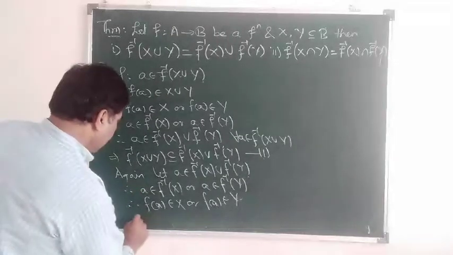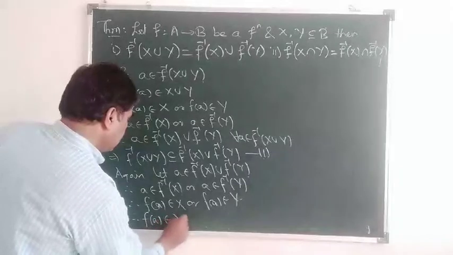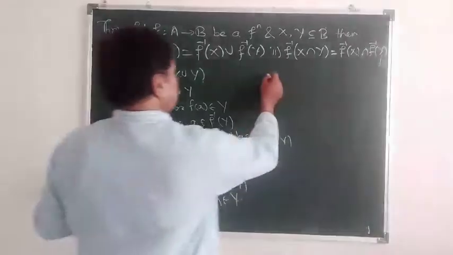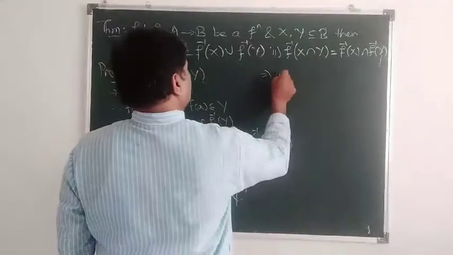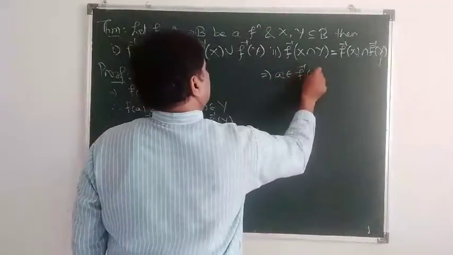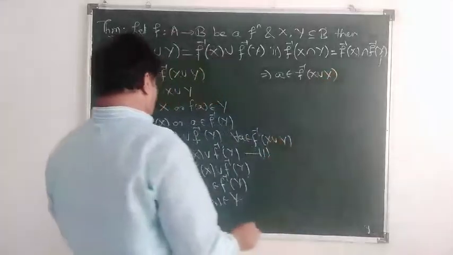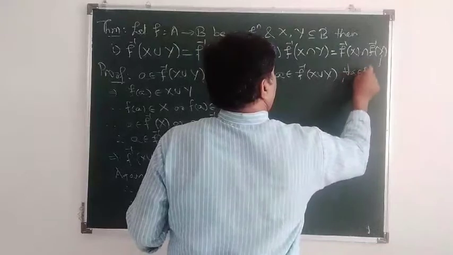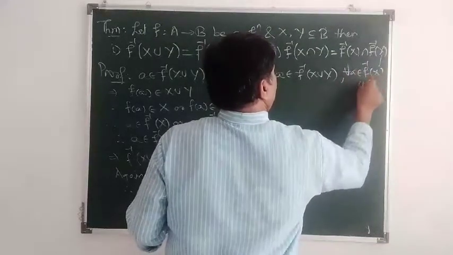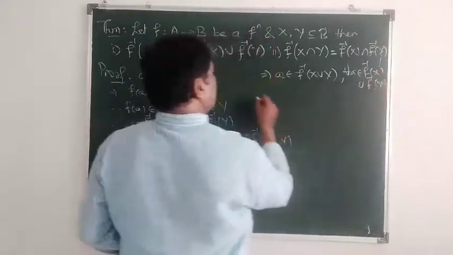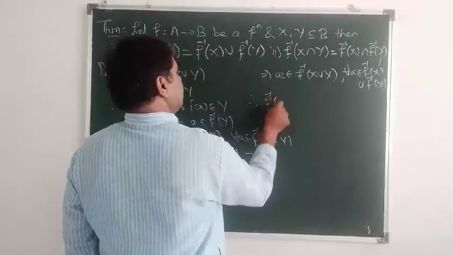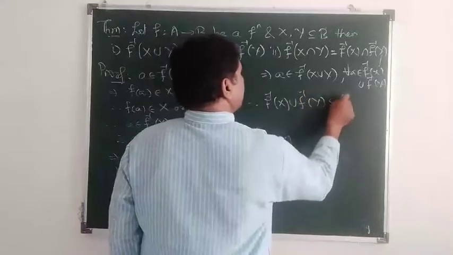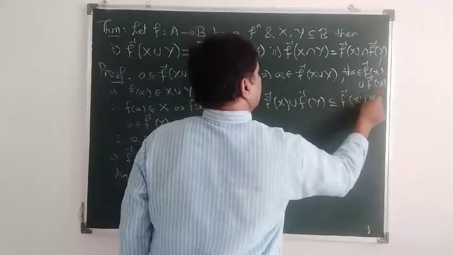Means f of a belongs to X union Y. This implies a belongs to f inverse of X union Y. And this a is arbitrary from f inverse X union f inverse Y. And therefore, f inverse X union f inverse Y must be a subset of f inverse of X union Y.